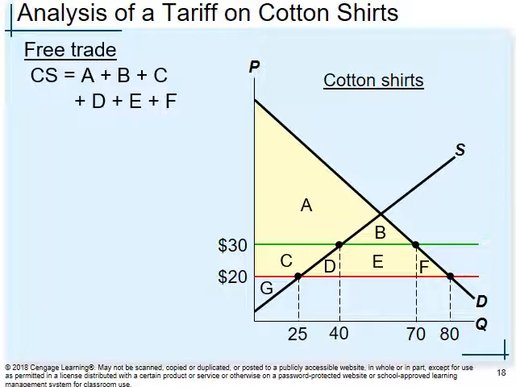The consumer surplus is the area of A, B, C, D, E, and F. So all the area below the demand curve and above the price level. And the producer surplus is only the area G, and that's the area above the supply curve and below the price level.